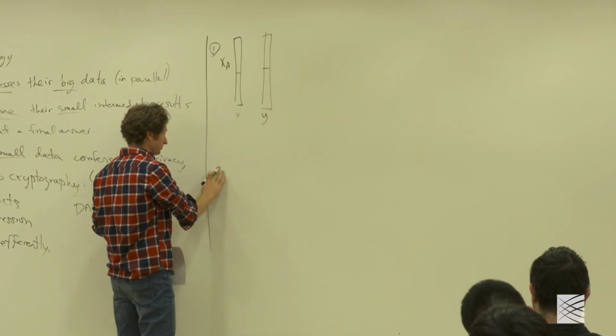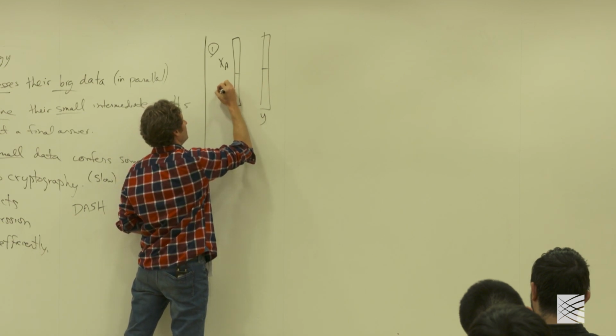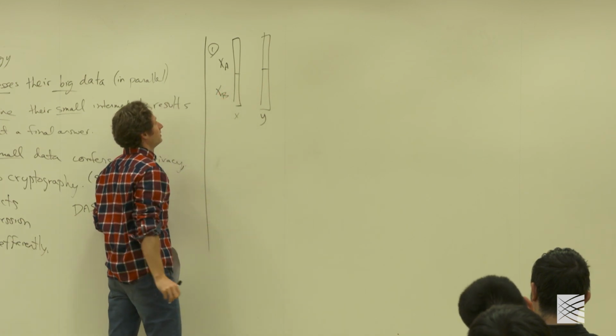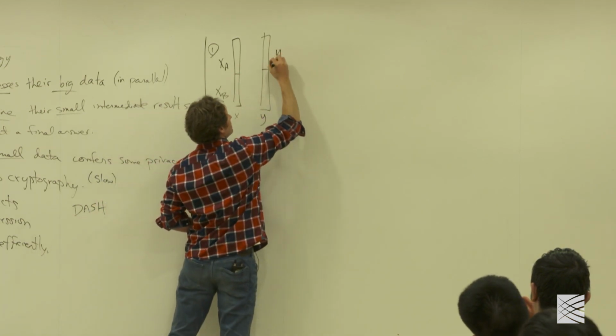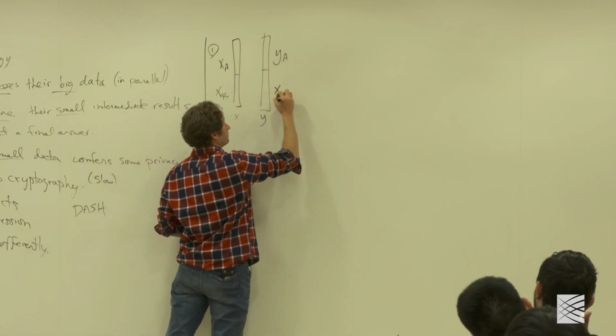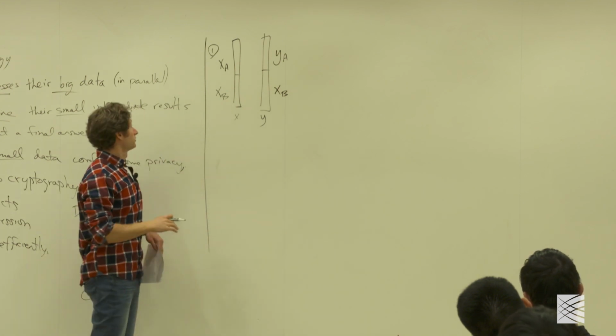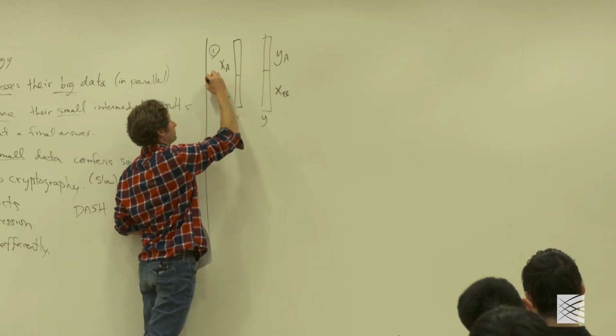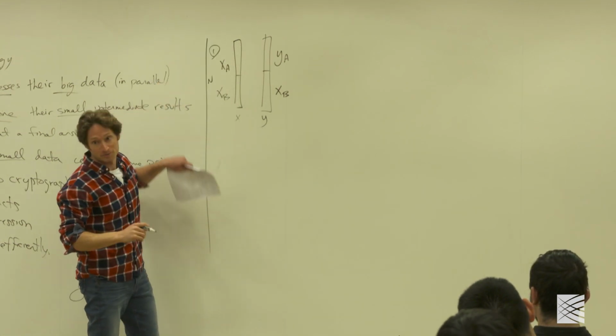A is for Alice, the usual cryptography party, and then xb is Bob. So Alice also owns the top half of y, and Bob owns the bottom half of y. So think of this axis as we're in n dimensions, and these are sort of our sample axis.